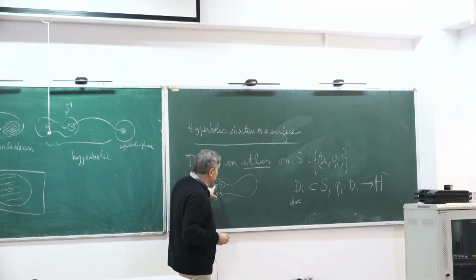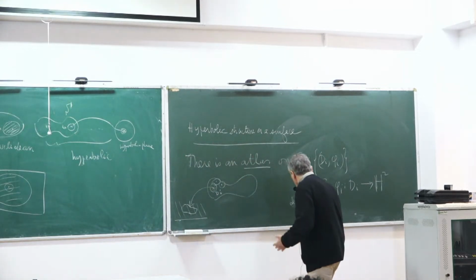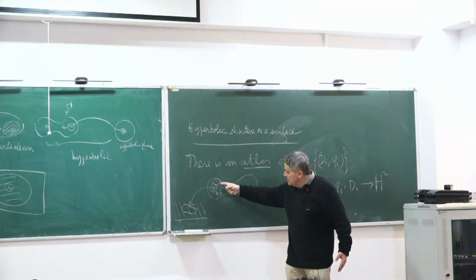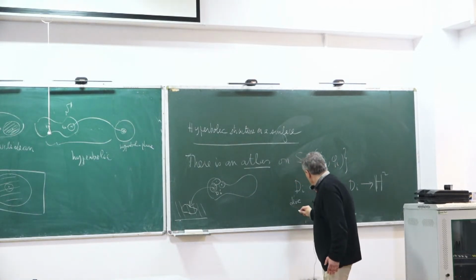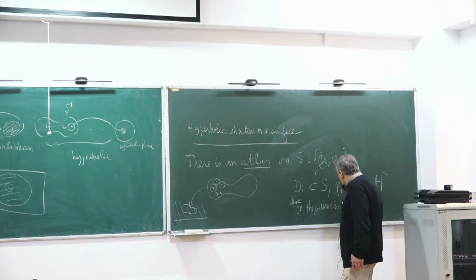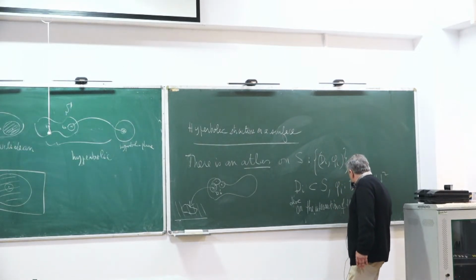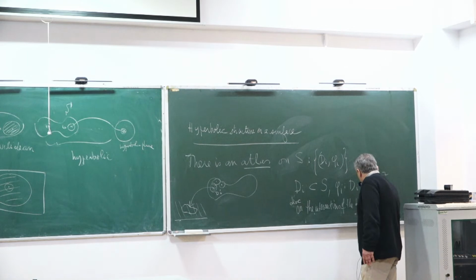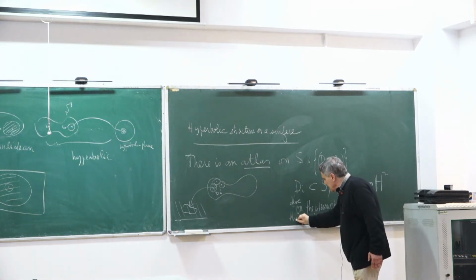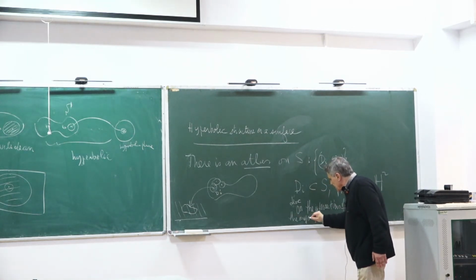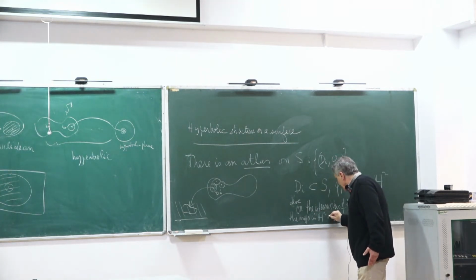So the compatibility must say that on intersections of the disks, the corresponding maps in the hyperbolic plane are restrictions of isometries.